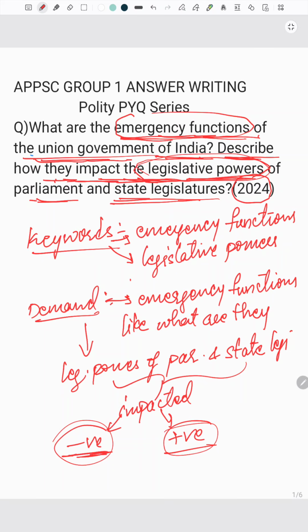So we have to ensure that we mention negative aspects and positive aspects as well in order to make this answer complete. Then you will have a conclusion. That was done. Now let's look into how we need to write using these keywords and addressing the demand. First we'll have our intro.